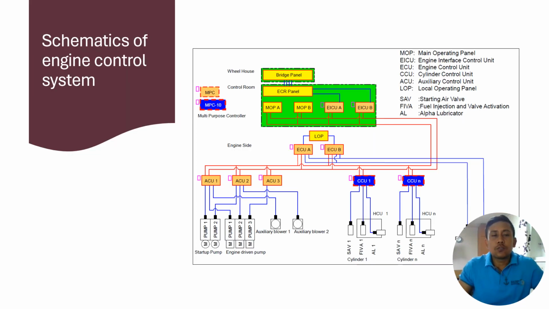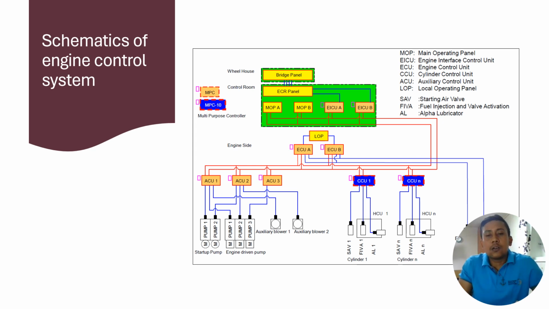Schematics of the engine control system. To understand the engine control system of the ME engine, you need to understand this schematic diagram. First, you can clearly see we have the ACU, auxiliary control unit. We have three auxiliary control units. They basically control the startup pump, engine driven pump and auxiliary blower.